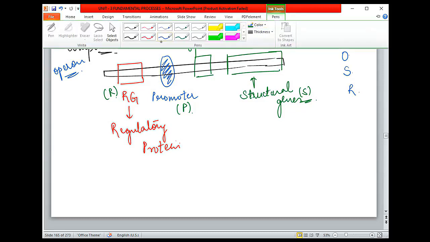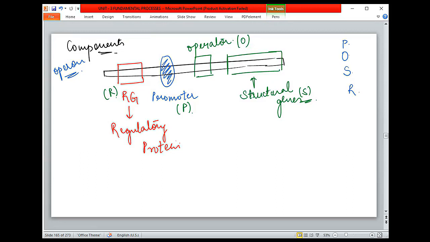One more thing: when the regulatory protein is formed, it helps in positive or negative regulation by binding to your operator. We'll understand this in the lac operon, where you'll get a much better idea of whether the regulatory protein binds, in which conditions it binds and in which it does not.